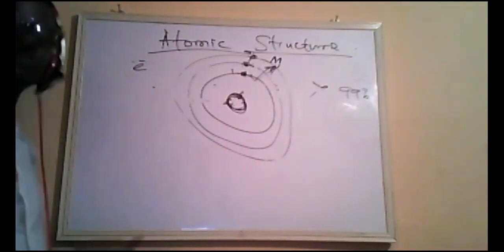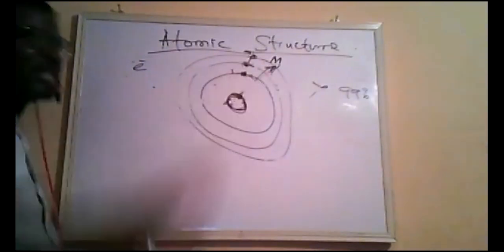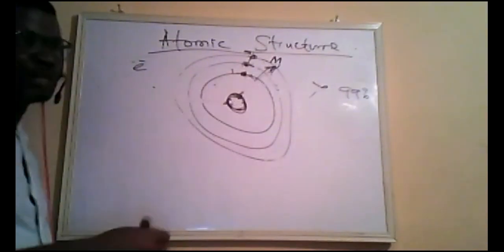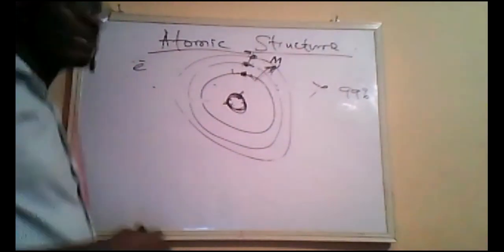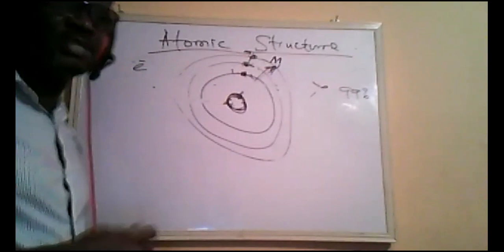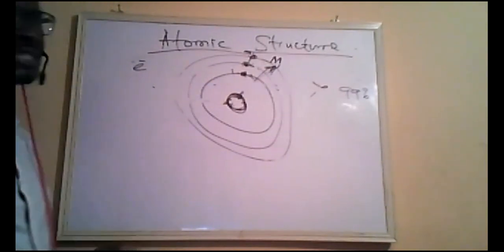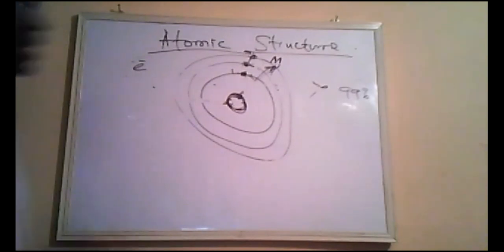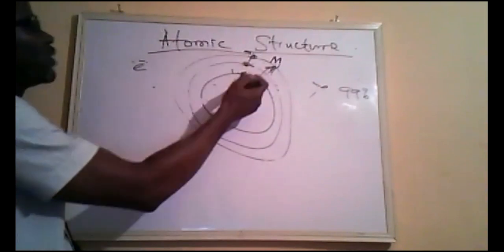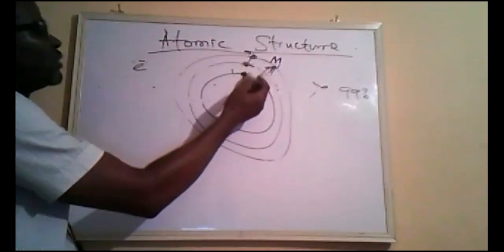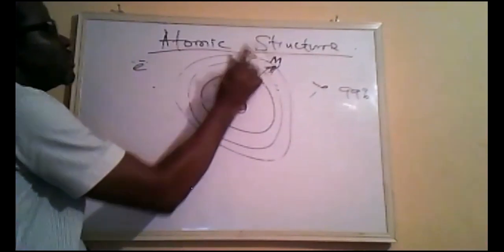If you don't supply that amount of energy, that electron will remain there and nothing happens. At most, the electron will just absorb the energy, become excited, and re-emit the energy. So if we have an electron, it can knock off an electron. Maybe it knocks off this electron.